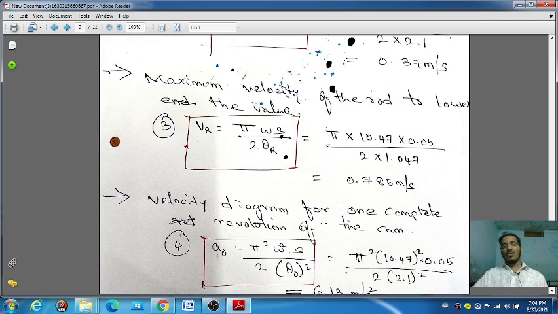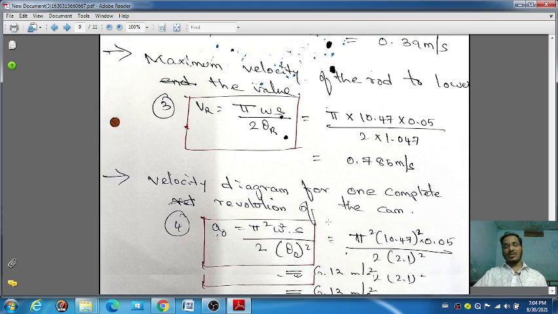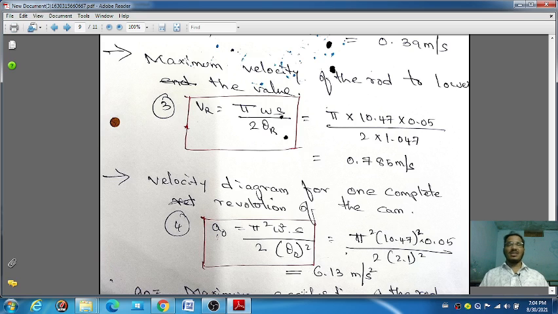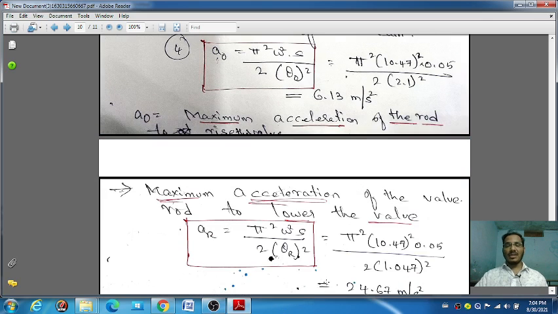Okay, if you want to calculate the maximum acceleration, you have to calculate first the angular displacement and velocity, then these two terms will be there in acceleration. Acceleration is equal to angular displacement into angular displacement by velocity, that is your maximum acceleration.